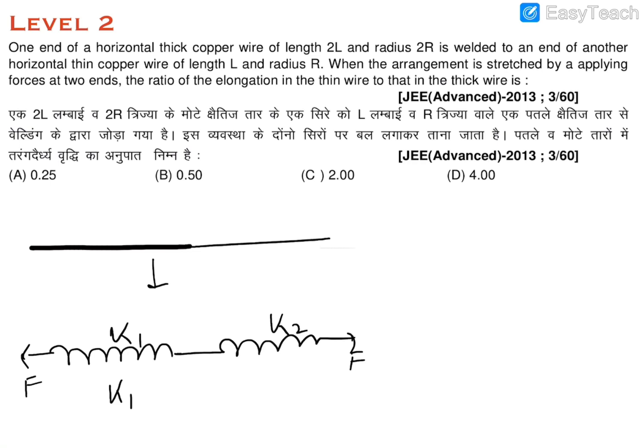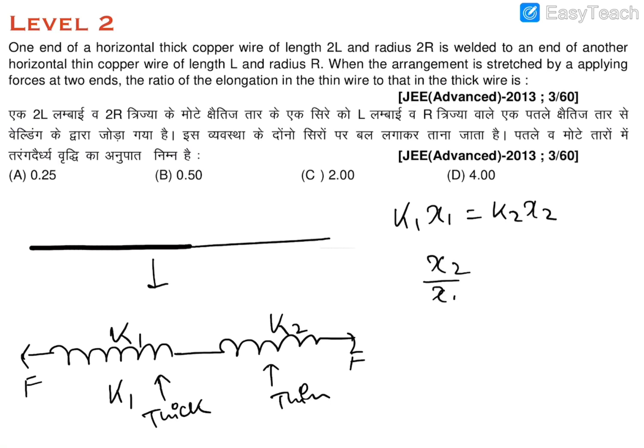So we know that the force in the springs will be the same, therefore K1 x1 will be equal to K2 x2, where x1 and x2 are the elongations. So this is the thick wire and this one is the thin wire. We have to find out the extension in the thin wire to the extension in the thick wire, so we have to find x2 by x1.